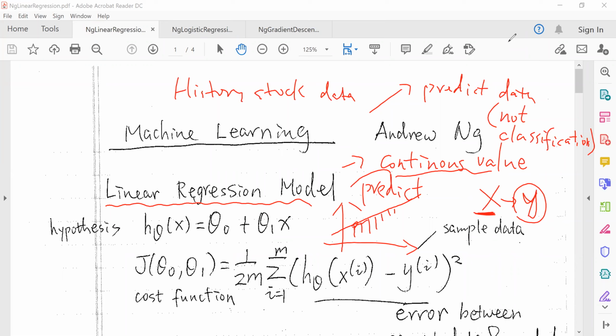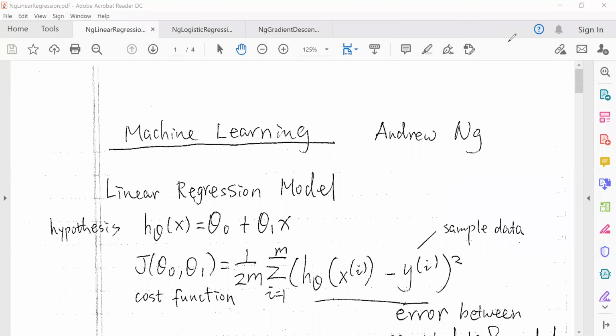If you know the X value, then you can predict the Y value. And for linear regression, the model is you use a linear line to predict it. That's a major difference between the regression model and the classification model we already learned. So it is used to do prediction.